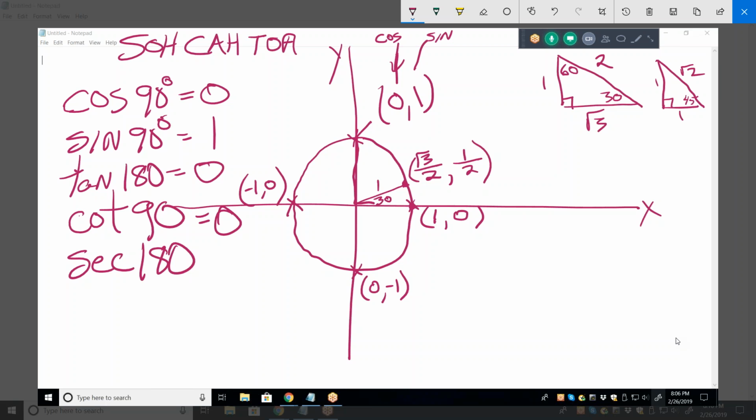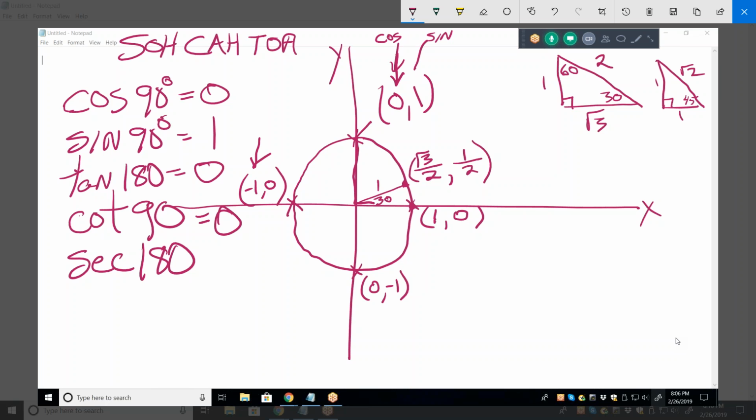Notice that is pointing right there. Cosine of that angle is whatever the x value is. The sine of that angle is whatever the y value is. So what is the cosine of 180? Oh, it's that first one, not the second one. It's negative 1.